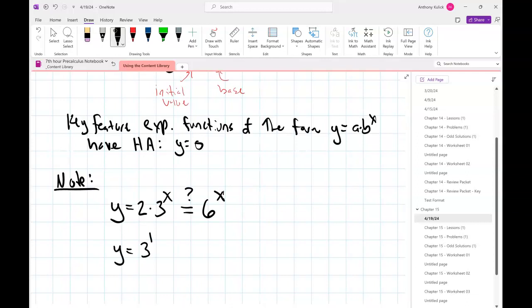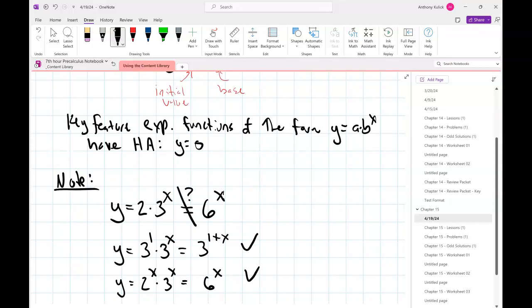So there's 2 situations when you can multiply these things. If they have the same base, how do we multiply exponentials with the same base? You add the exponents. Very good. Or if they have the same exponent, what can you do? Multiply the bases.